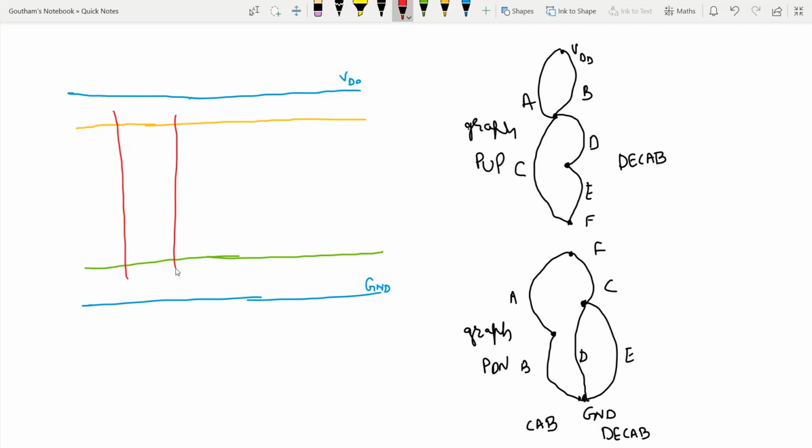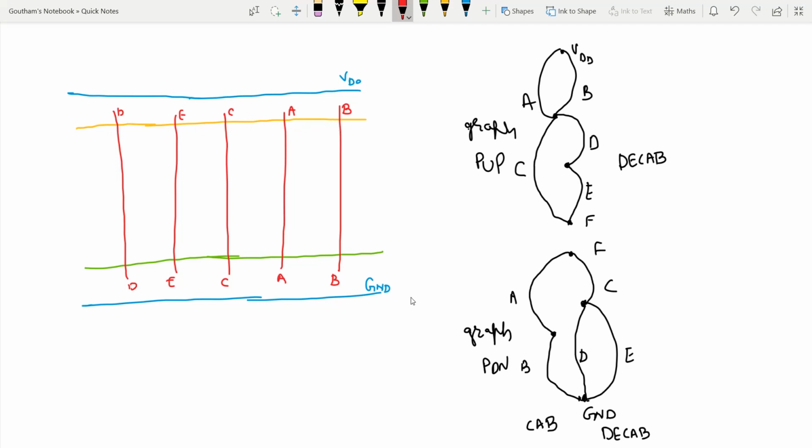This is nothing but D, this is E, this is C, this is A, and this is B. Okay, so let me label this D, E, C, A and B. Okay, so this is also D, E, C, A and B. Okay, so I have the D transistor, E, C, A and B. These are NMOS, and D, E, C, A, B. So these are my PMOS transistors that are ready.